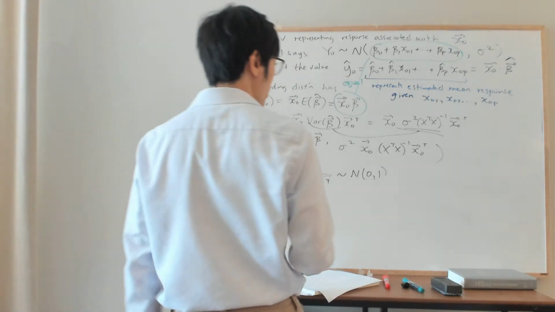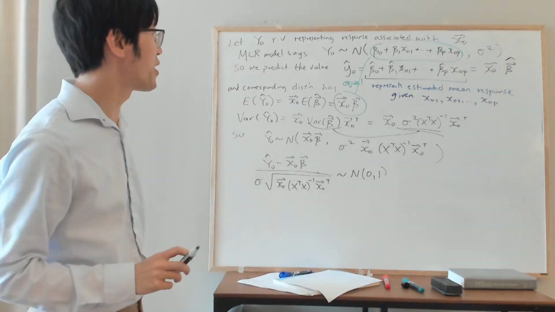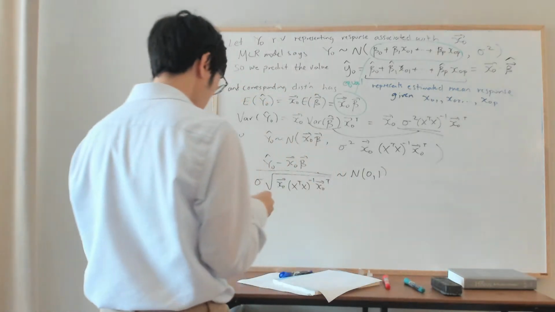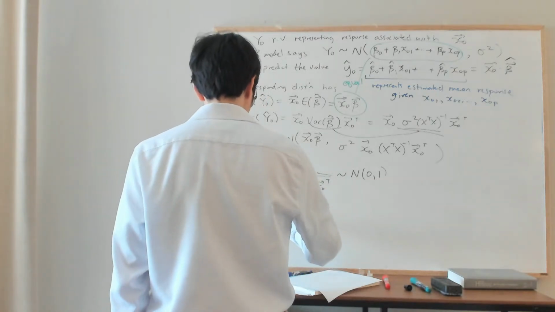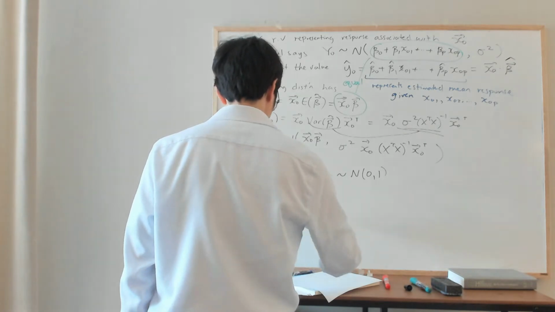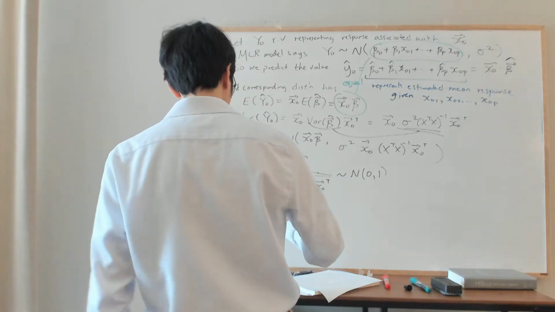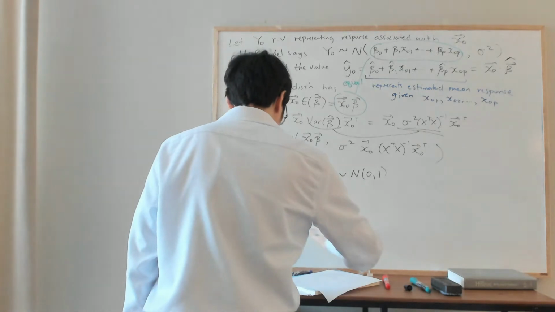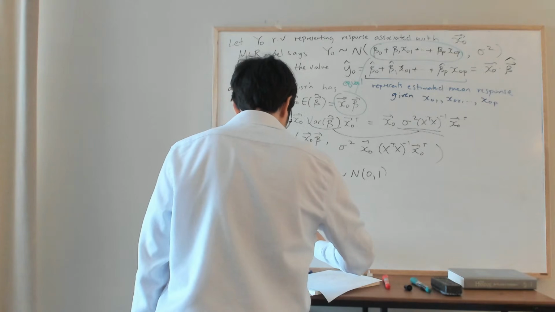And again, we don't have sigma, so we have to estimate it. Once you put on a hat, same thing but with sigma estimated, it is going to have a t distribution.